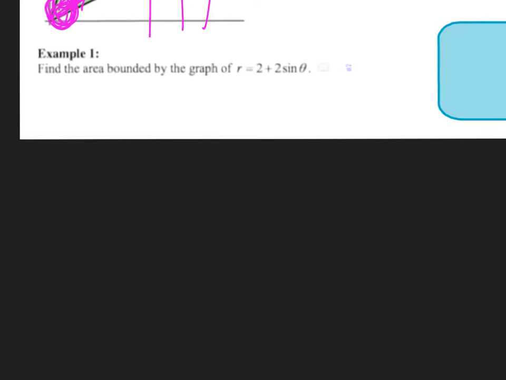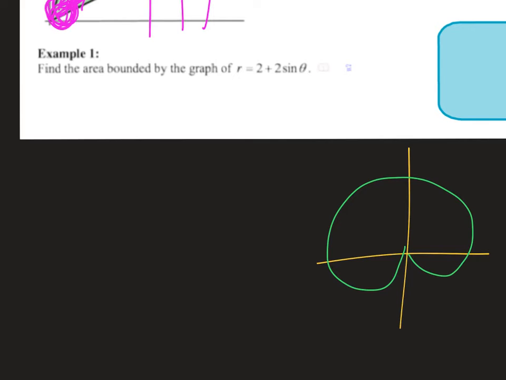And if you do that, your graph is going to look something like this, and you'll figure out that we go from 0 to 2 pi. On your calculator, it's easy to press the trace button and go along your curve and look at your theta values, and it's going to go 0 to 2 pi. So that's going to tell you the bounds on the integral, 0 to 2 pi.